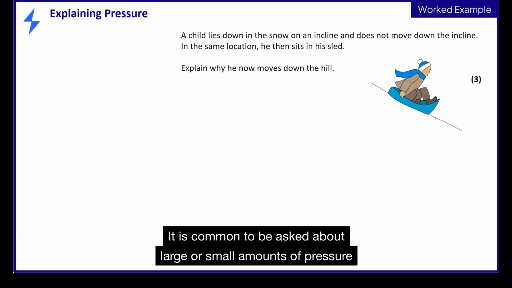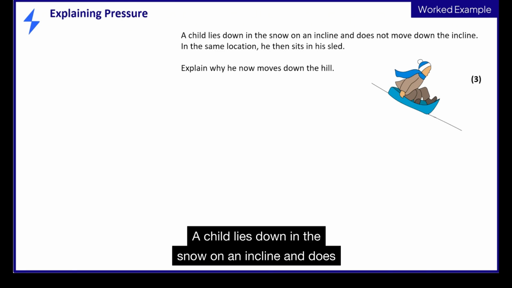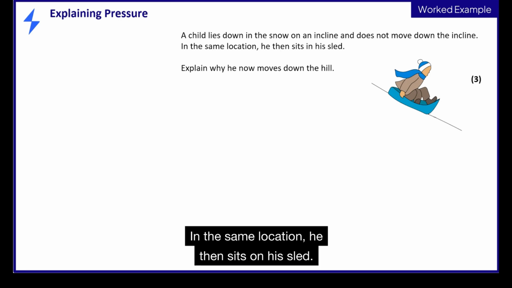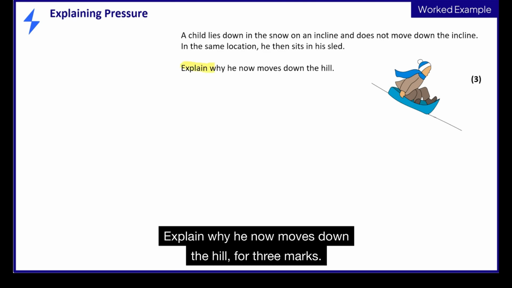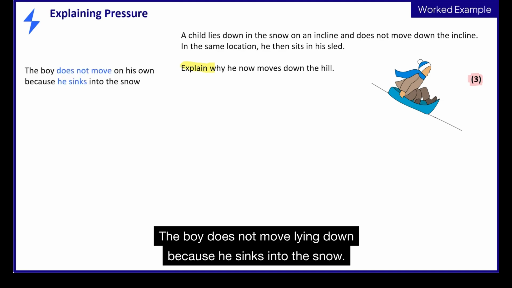It is common to be asked about large or small amounts of pressure applied to a situation. Here, a child lies down in the snow on an incline and does not move down the incline. In the same location, he then sits on his sled. Explain why he now moves down the hill for 3 marks. The boy does not move lying down because he sinks into the snow.